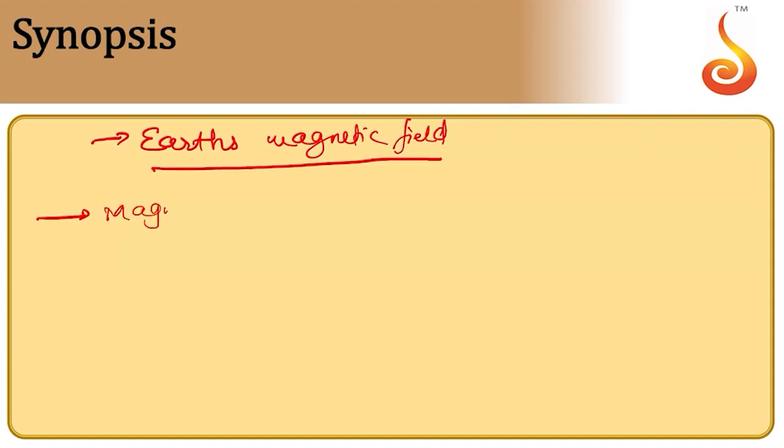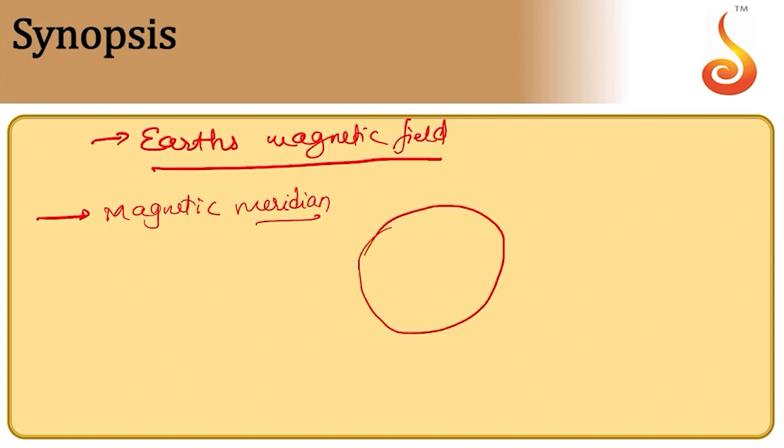First is magnetic meridian. Meridian generally refers to plane. Suppose I consider Earth represented as a sphere. These are the geographic north and south poles, and you know that near geographic north pole is located magnetic south pole and vice versa.